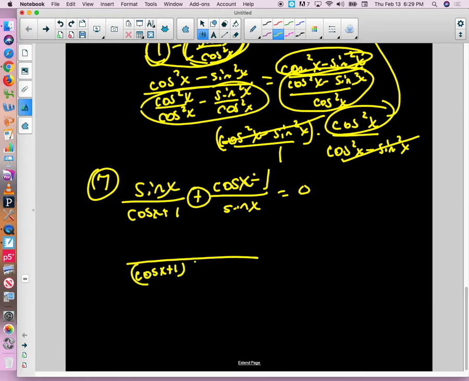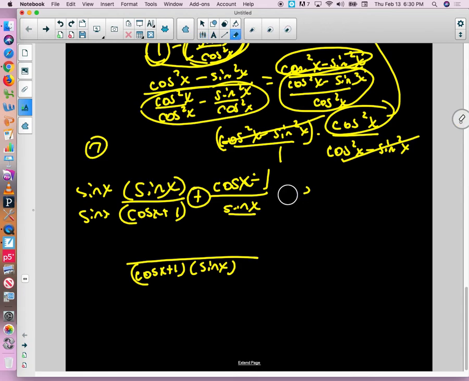Cosine x plus 1 times sine x. So I need to multiply this by sine. And I need to multiply this one by cosine x plus 1.